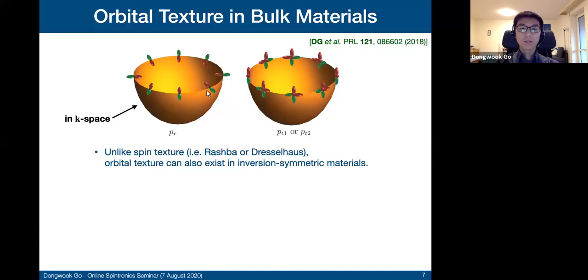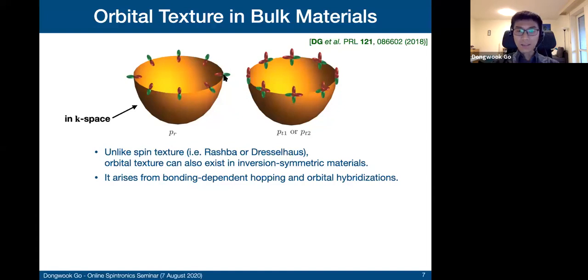And the origin of this orbital texture is nothing but the direction of the chemical bonding in the solid and this direction-dependent hopping. So here is what I mean. Let's have a look at the state here on the right side. This state is moving to the right, in real space. So it means that for electrons moving to the right, they tend to have this px orbital.